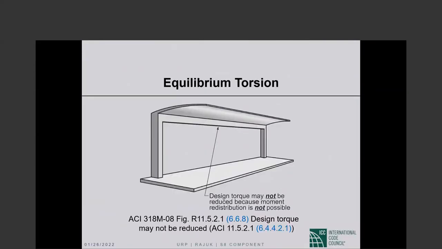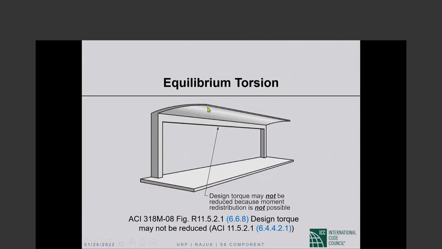Let me show you. Okay, so this is a good illustration out of the commentary to ACI 318 of equilibrium torsion. This is a frame, let us say, with a cantilevered slab.